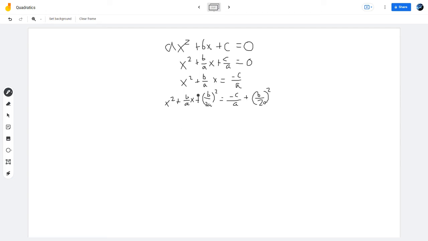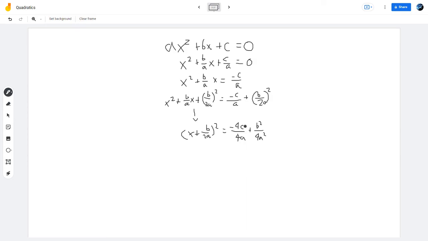And if we do this, we can reduce this entire thing into x plus b over 2a quantity squared is going to be equal to negative 4c over 4a plus b squared over 4a squared, right?